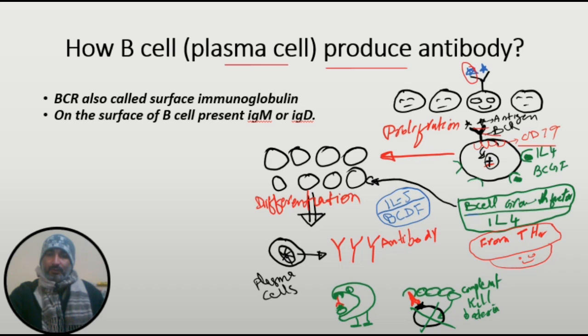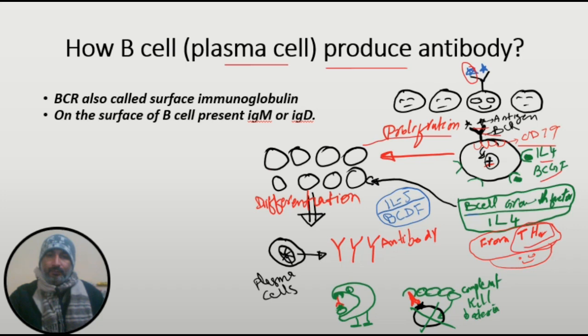Moreover, B cell growth factor and IL-4 from the T helper 2 cell will also bind with the receptor present on the B cell. So proliferation will happen.